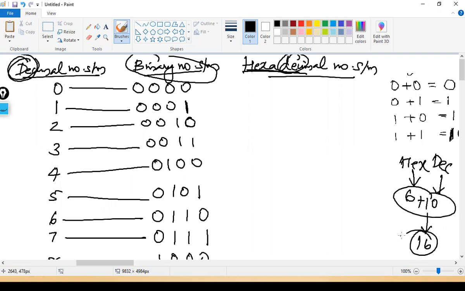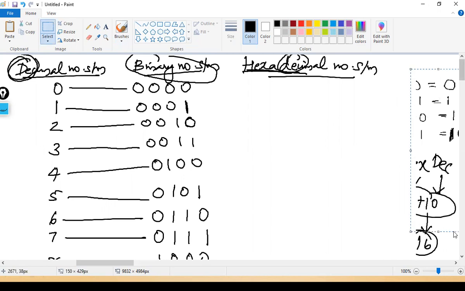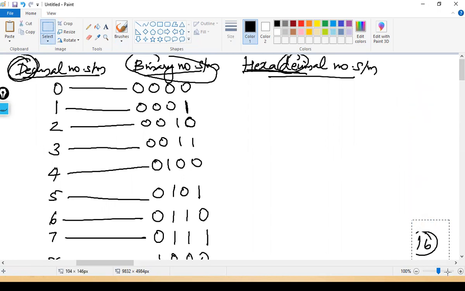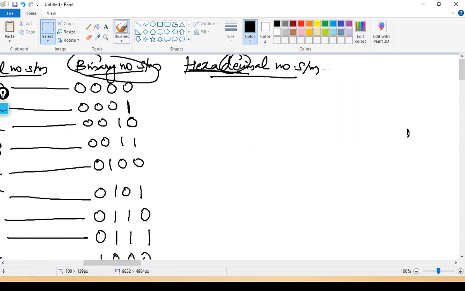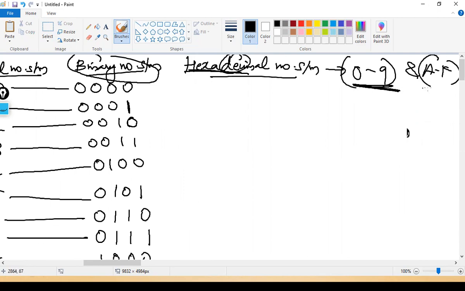So the total digits will be 16 digits. These digits are 0 to 9 and A to F. It consists of the decimal values 0 to 9, and then A to F.